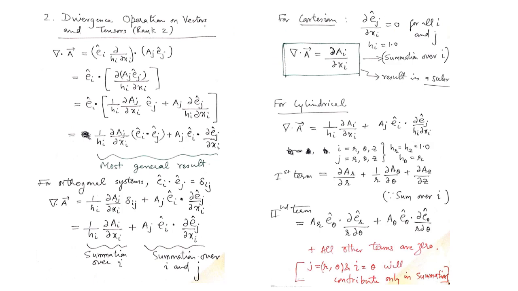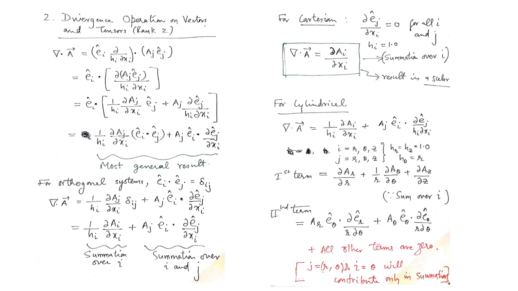What is this divergence? Divergence is when we have the del operator operating on a vector with a dot product in between. So, del dot A. Now, you will recall that this kind of an operation is needed to define the local volumetric strain rate in any fluid particle.